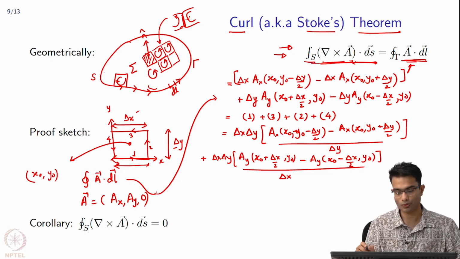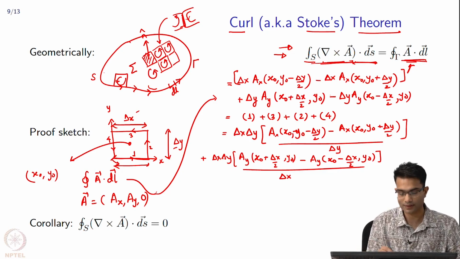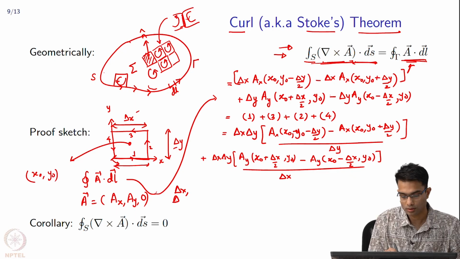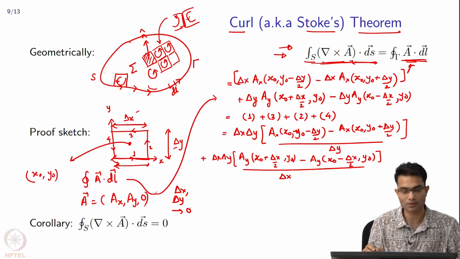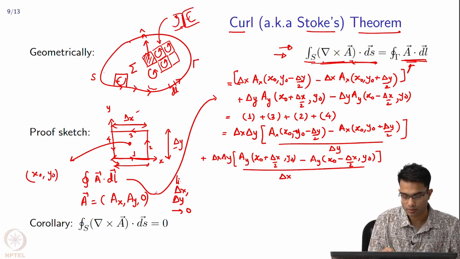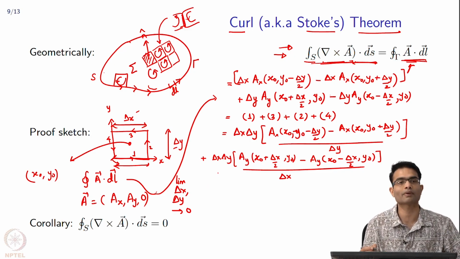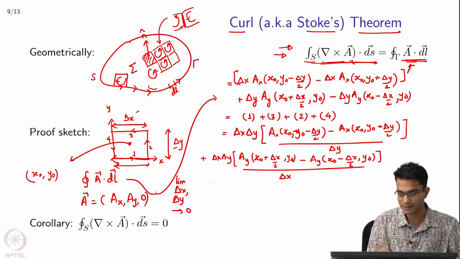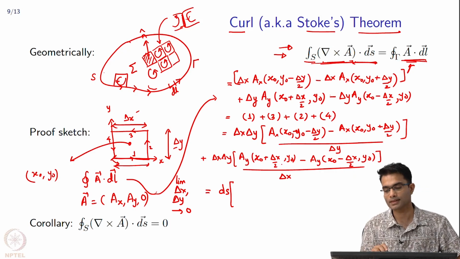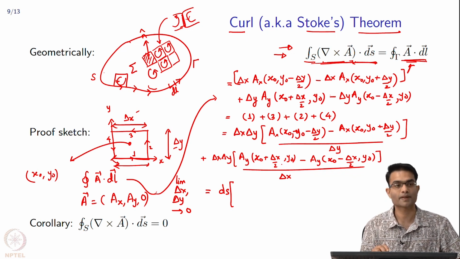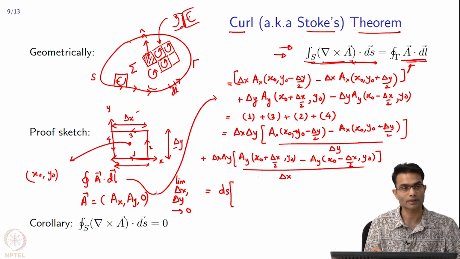As before we will take the limit that delta x, delta y tend to 0. So, this is the limit. Then this expression delta x into delta y will become ds, right. What happens to the first term over here? It looks like a partial derivative of which component? Ax with respect to y, but with a negative sign, right.